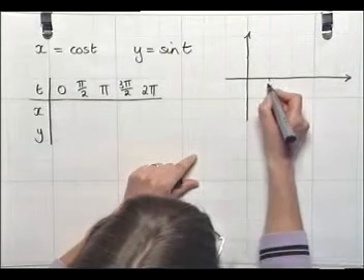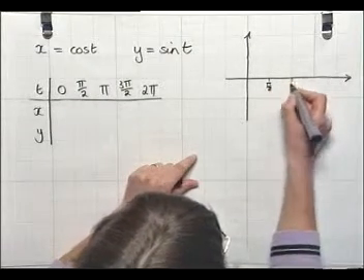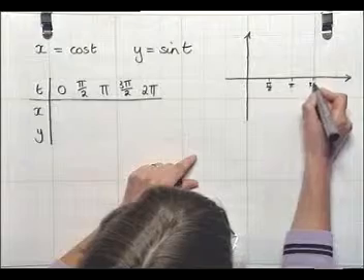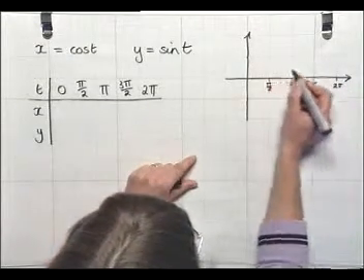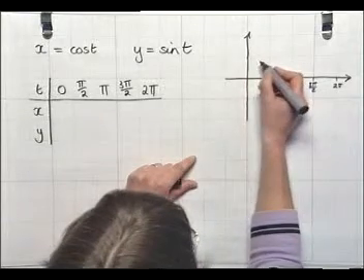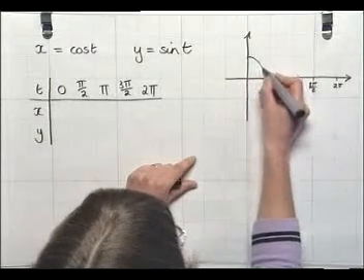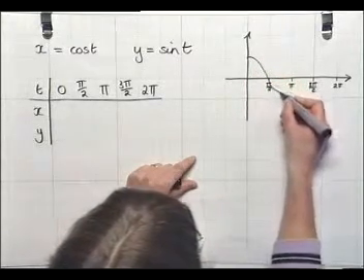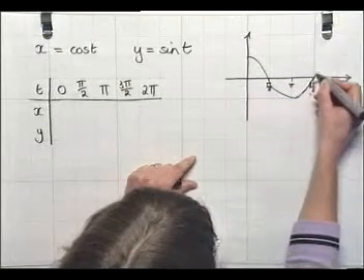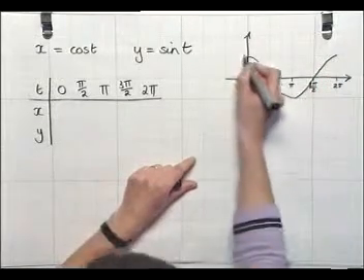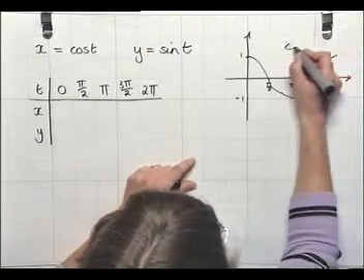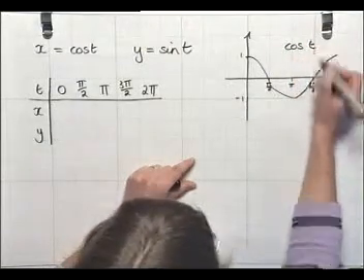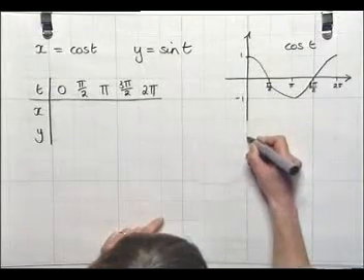We just put some labels on, and we have 1 and minus 1. So that's our graph of cos t and sin t.